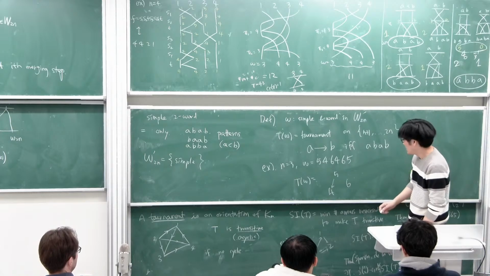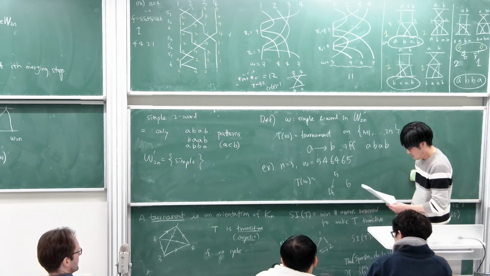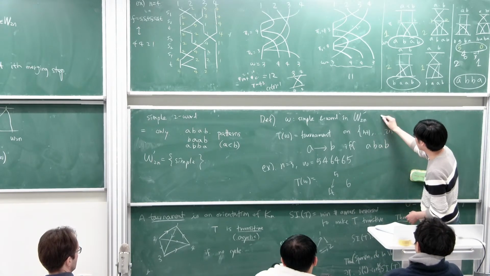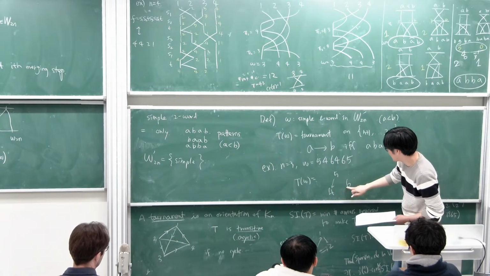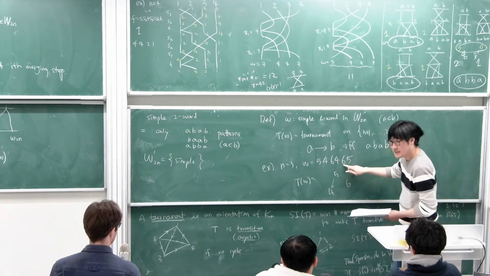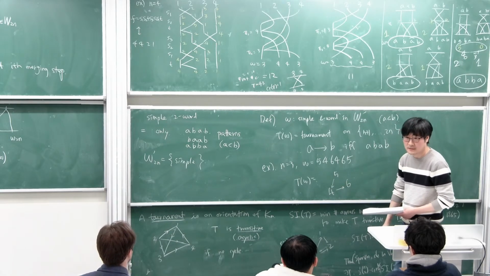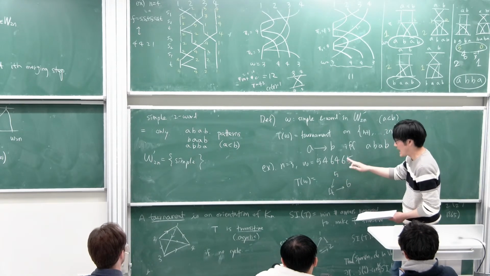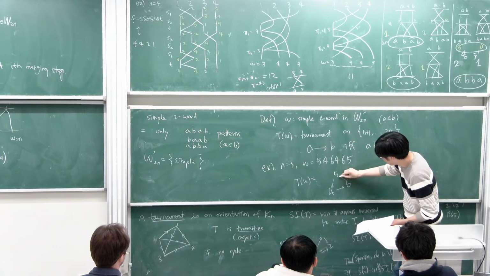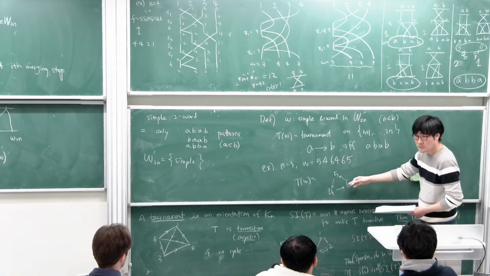So always A smaller than B. And 4 6 4 6 4 6. That means the direction is the other one. And 5 6 6 5 is not 5 6 5 6, so it goes to this. The tournament looks like this.